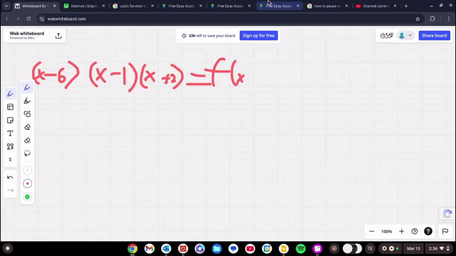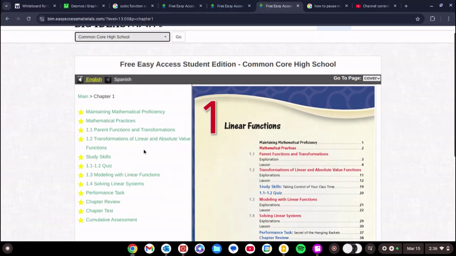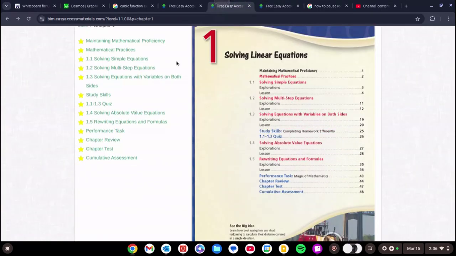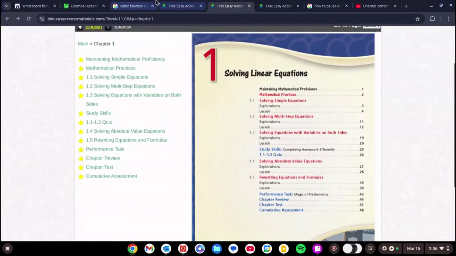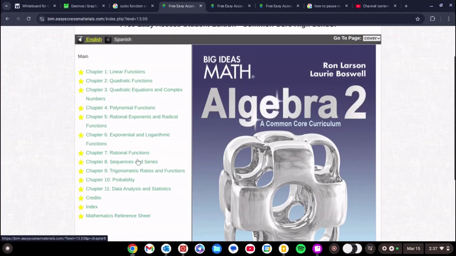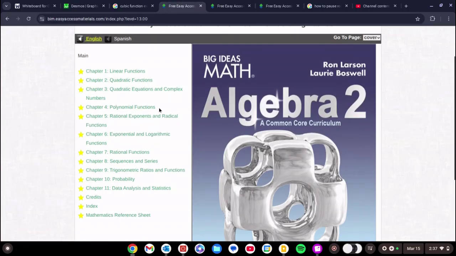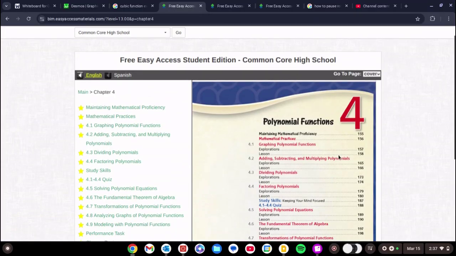And I will actually need a refresher. So I'm going to go look at this real quick to see if there's any cubic functions in this textbook. Let's see. Do we not have any? Polynomial functions.